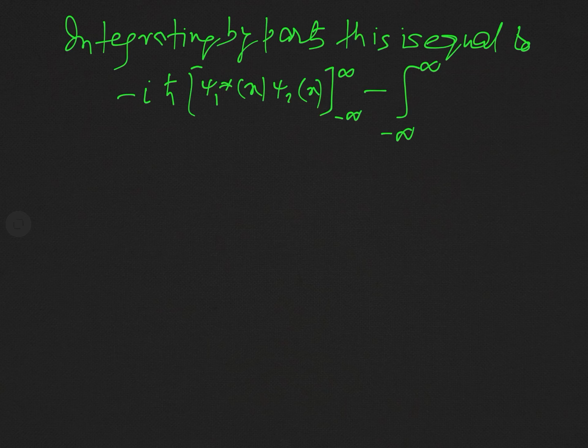Now we write the differential of the first function, d psi1 star of x dx, times the integral of the second function, which is psi2 of x, dx. Take it in a small bracket.